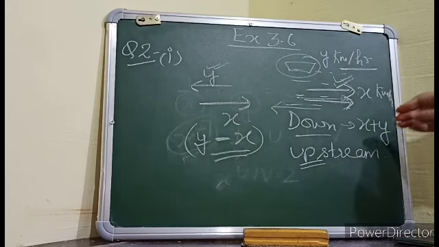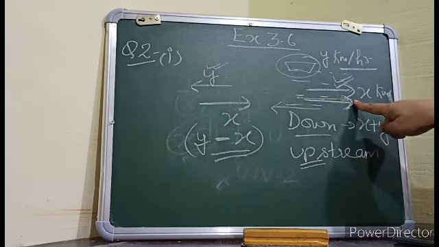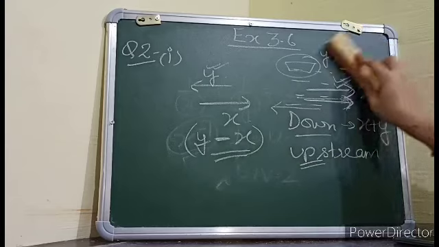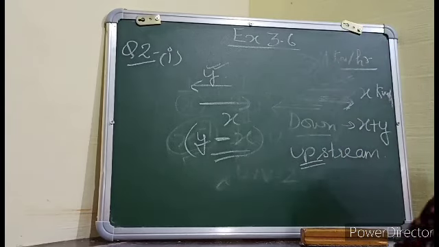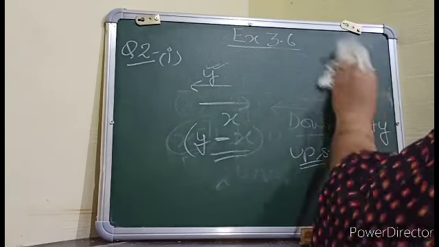The final speed is the addition or subtraction of the boat's speed and the still water's speed. So in that case, we have to consider the speed like this.